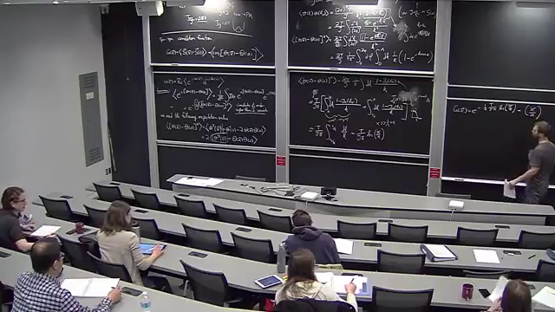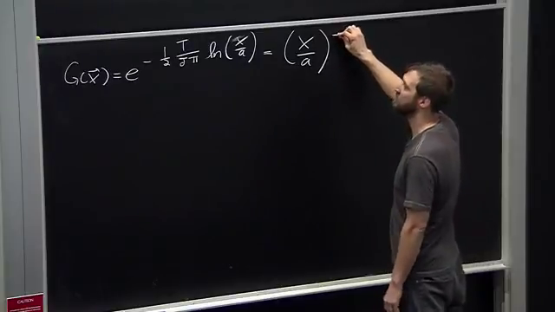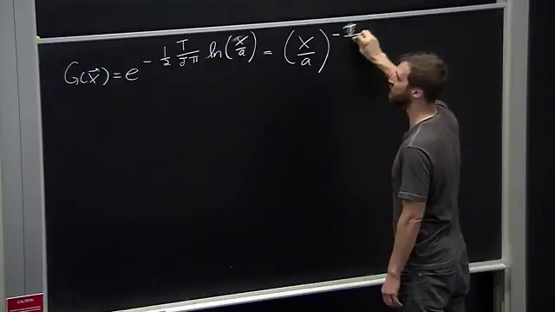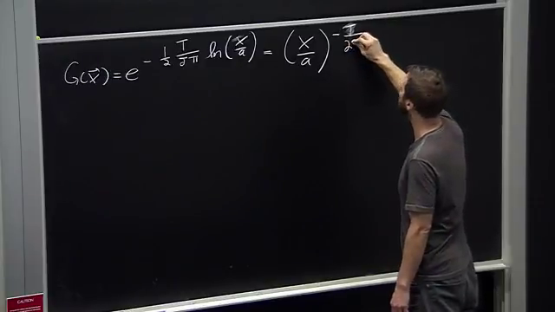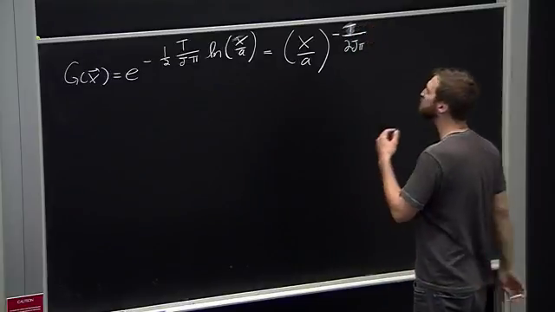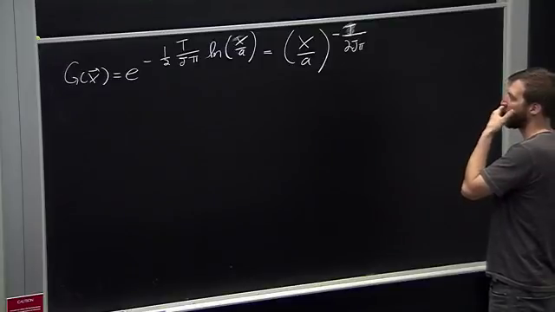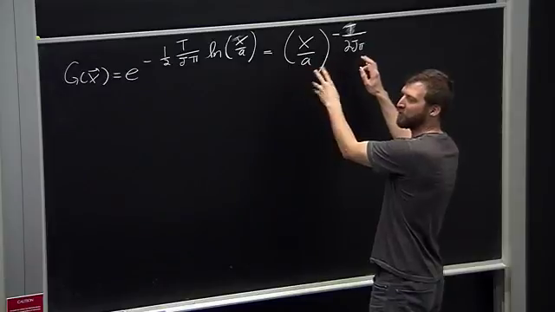So now I just have x over a to the minus t over 2 j pi. Yeah, I think that's right. Okay, so this is generally what I was going for.